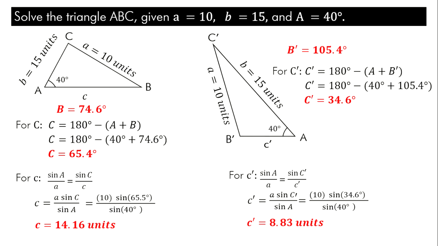As you notice here, two triangles are formed, so therefore there are two possible solutions. We have here angle B, angle C, and side c. In another case, we have B prime, C prime, and side c prime.